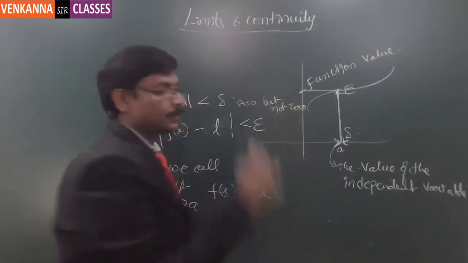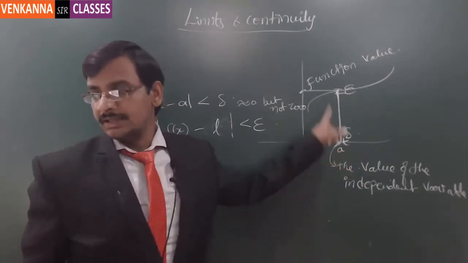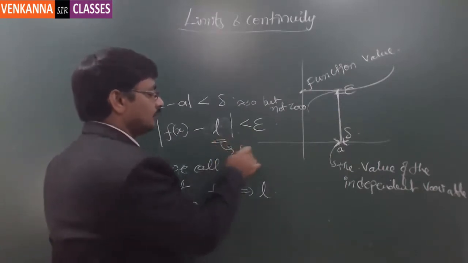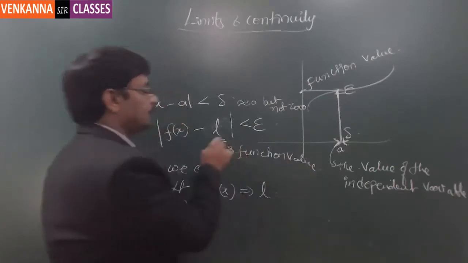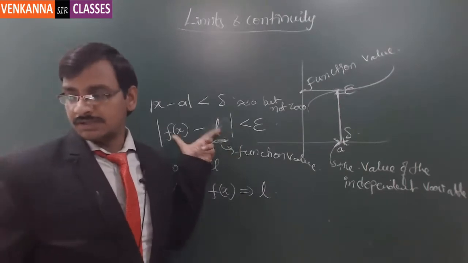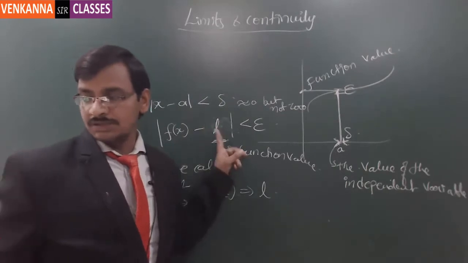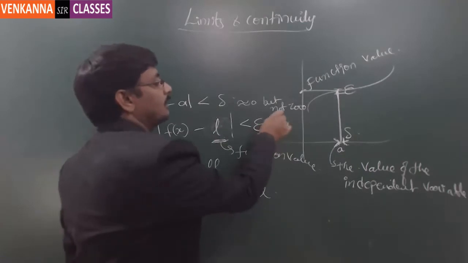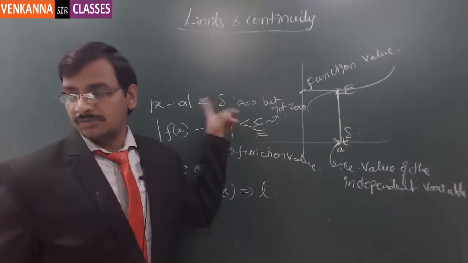That means you are approaching but you have not reached that point. If that is the case, then the function value is approaching a value called the limit value. So this is the function value, and this value approaches a limit called L. And this range of f of x, when I am approaching x minus a, correspondingly f of x, and this value is the limit L. So the difference between these two is within a limit of almost 0, for any specified value within the limit of delta.